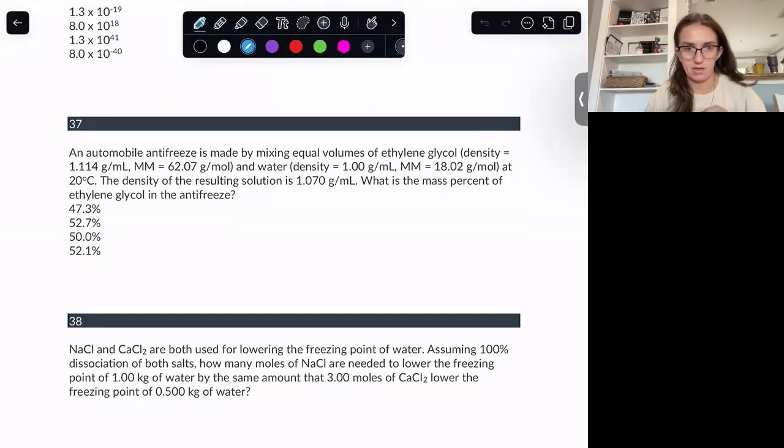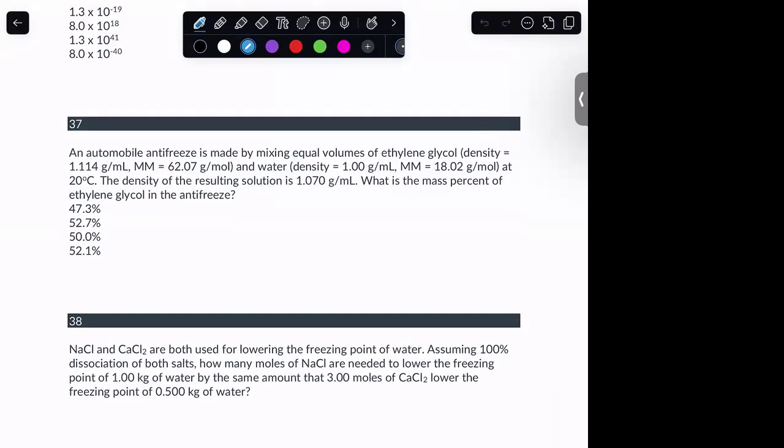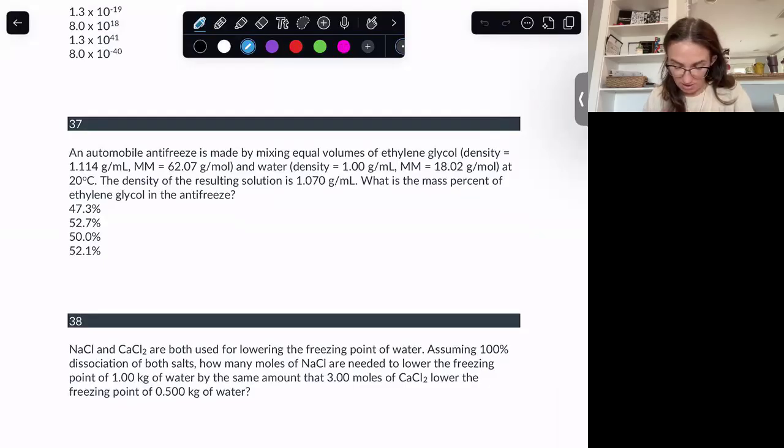This one. Okay. So we have an automobile antifreeze made by mixing equal volumes of ethylene glycol and water. At 20 degrees Celsius, the density of the resulting solution is 1.070 grams per milliliter. What is the mass percent of ethylene glycol in antifreeze?